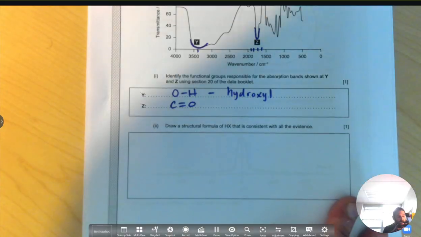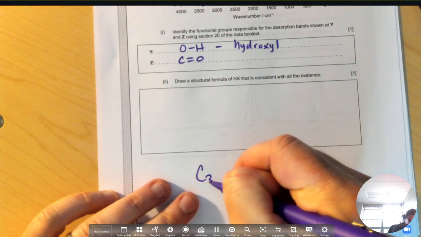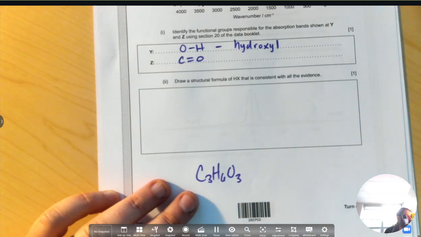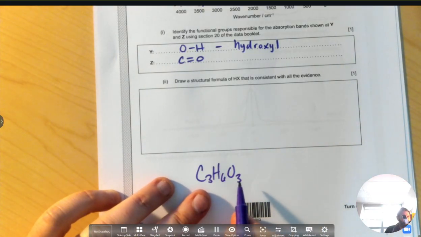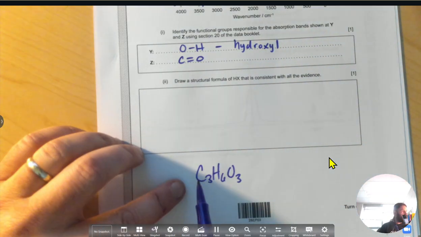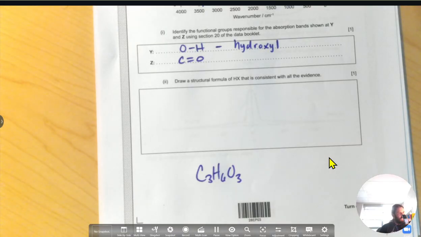Well, first of all, we know that the molecular formula of this compound is C3H6O3. 3 oxygen. That might actually account for this hydroxyl group up here. All right, so we know there's 3 carbons. We know it's a carboxylic acid.